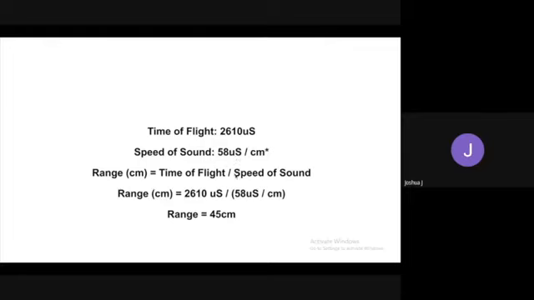So time of flight divided by the speed of sound will give you the distance. So 2610 microseconds is the time of flight, divided by the speed of sound gives you the distance. Here the distance is 45 centimeters. So this is the underlying concept or formula we are going to use for our calculation.